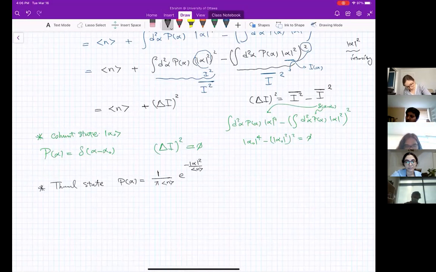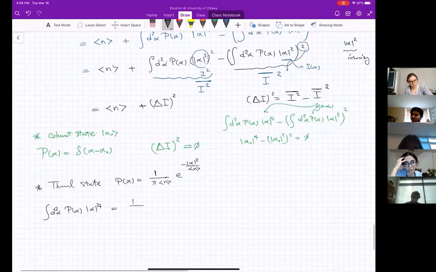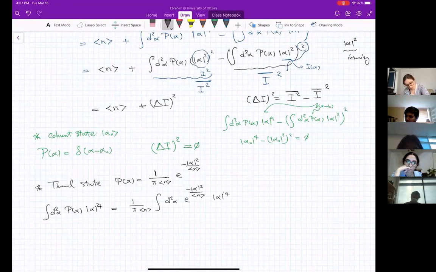So let's do that. We know the photon number probability distribution, the global one, and now replace it here. First of all, we have to calculate the integral of d²α P(α) α⁴, which is essentially 1 divided by π n̄ times the integral of d²α, e to the power of minus α squared divided by n̄, times α⁴.